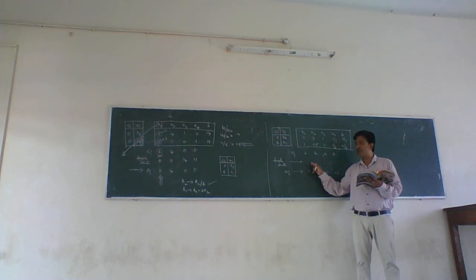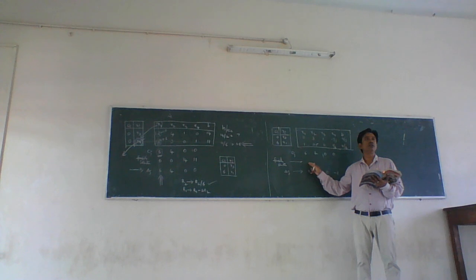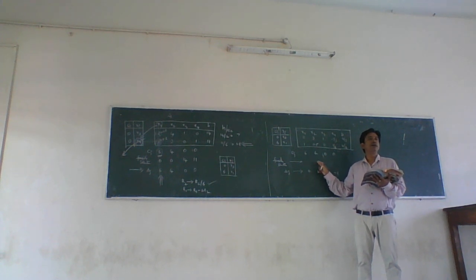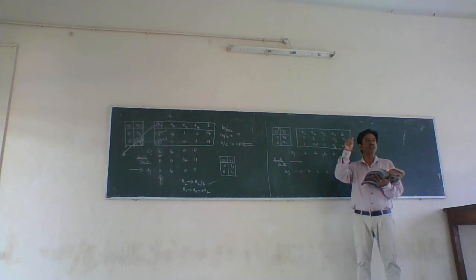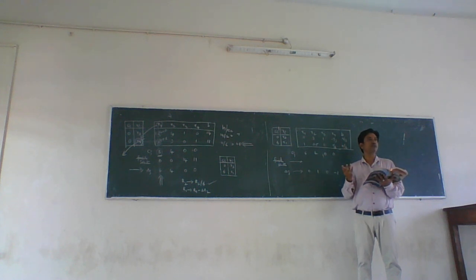So what is the feasible solution? Step number 2 says the feasible solution is the columns which have 1 and 0, with the corresponding value of B, otherwise it is 0. Step number 2 is well applied.